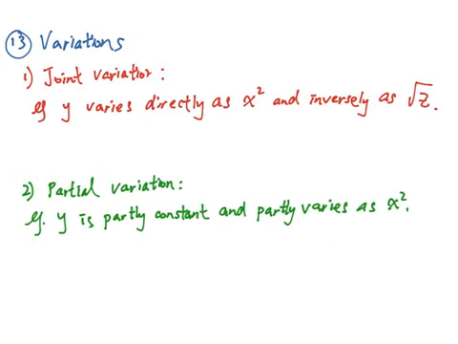Next is about variations. The first one is called joint variation. Let's look at an example. y varies directly as x squared and inversely as root z. So y is equal to constant k, directly as x squared, so times x squared, inversely is over, so over root z.